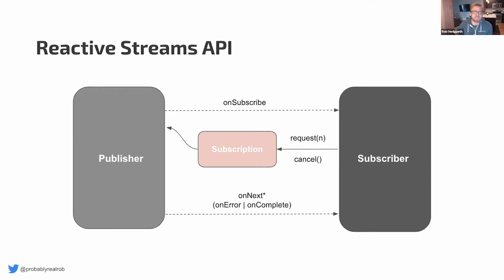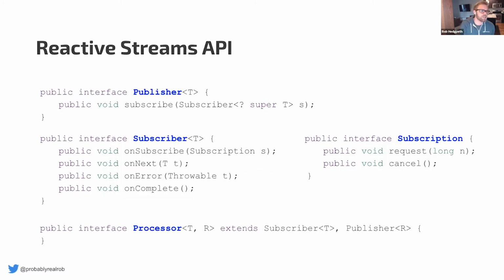But as you can see, it should look very similar to what we were doing before, which is essentially we can request through a subscription provided to the subscriber that we want a certain amount of information, and the publisher is going to relay that information. And it can also give you an error or completion status as well. But as an engineer, you're probably wondering, well, what's the meat at this point? How do I actually use this, or what's entailed in using this?